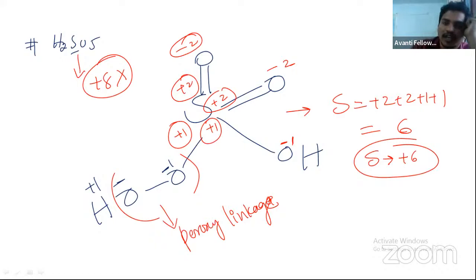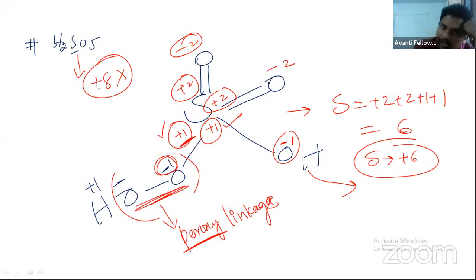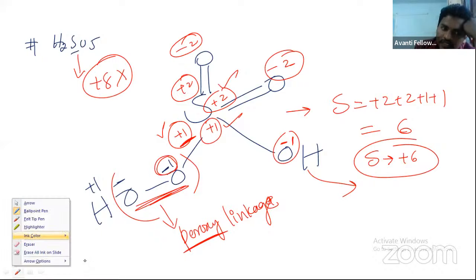Okay. So JNV Ernakulam team, you can see here, this is peroxy linkage. So the charge will be -1. So to balance this -1, keep +1 here. And here this is also -1, so here you are having +1. And here also this is -2, so to balance this one, you are having +2.